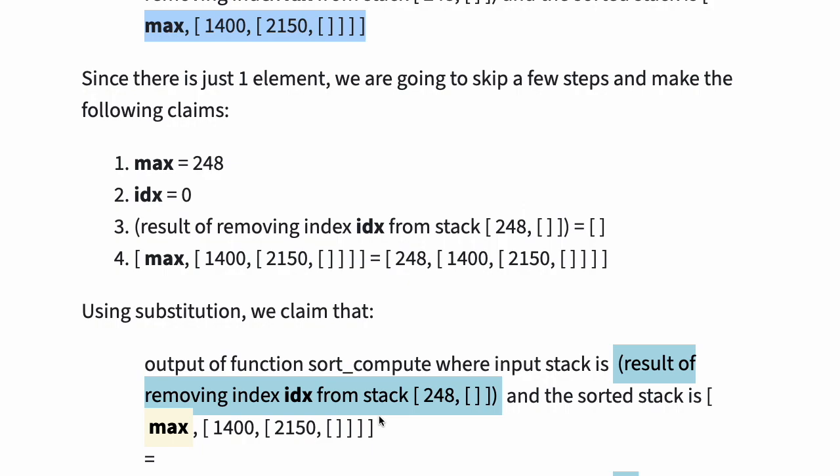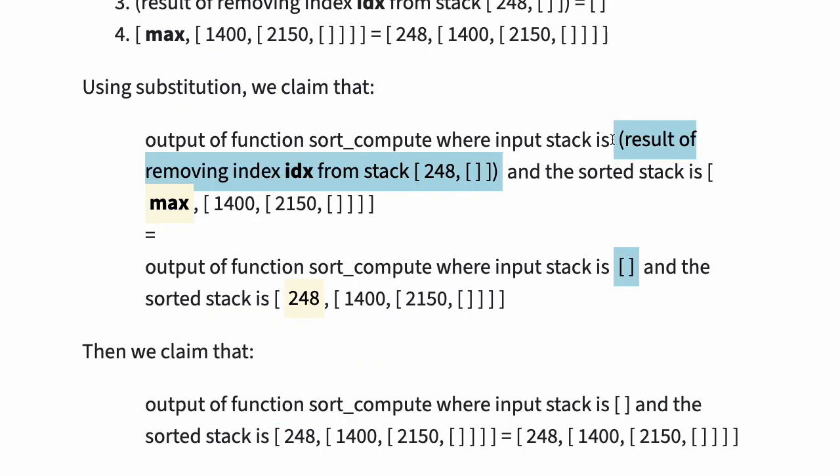Since there is just one element, we're going to skip a few steps and make the following claims. Max is equal to 248. IDX is 0. The result of removing index IDX from the stack 248 is the empty stack. And the stack max 1400 2150 is equal to the stack 248 1400 2150.